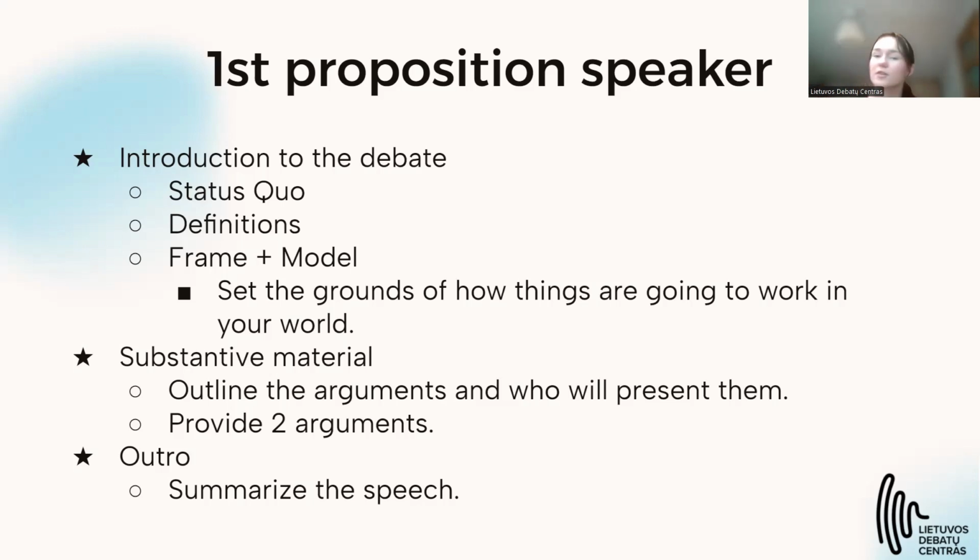My second speaker is going to present the third argument. This is just giving some basic structure to the judge, so it's easier for them to flow the debate and later decide who won. Usually first proposition speakers provide two arguments from their side. And lastly, they move on to the outro, which is simply summarizing their speech in a quick sentence or so.